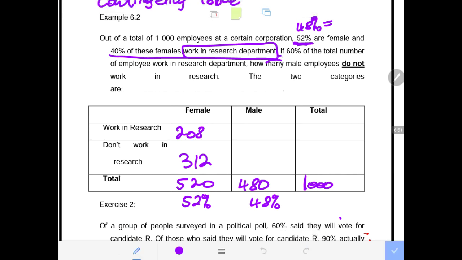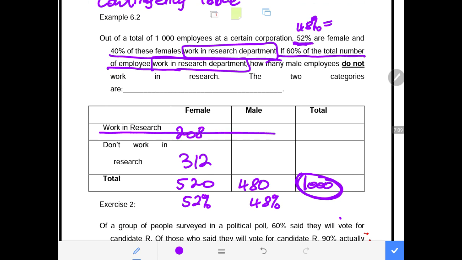They say if 60% of the total number of employees, how many employees do we have? If 60% of the total number of employees, meaning 60% of this, work in the research department.